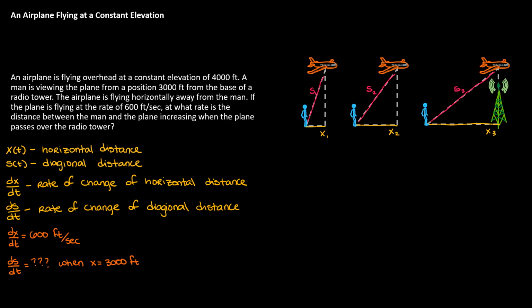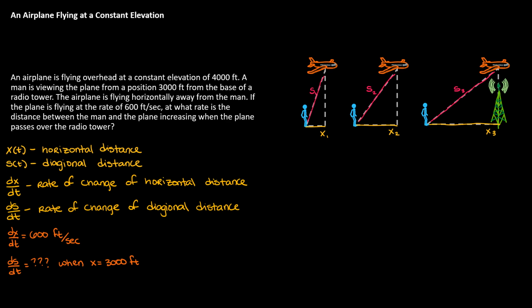That means that the horizontal distance is changing at the same rate as the plane is flying. So we can use the speed, 600 feet per second, and say that that is the same as the rate of change for the horizontal distance, which is dx/dt.